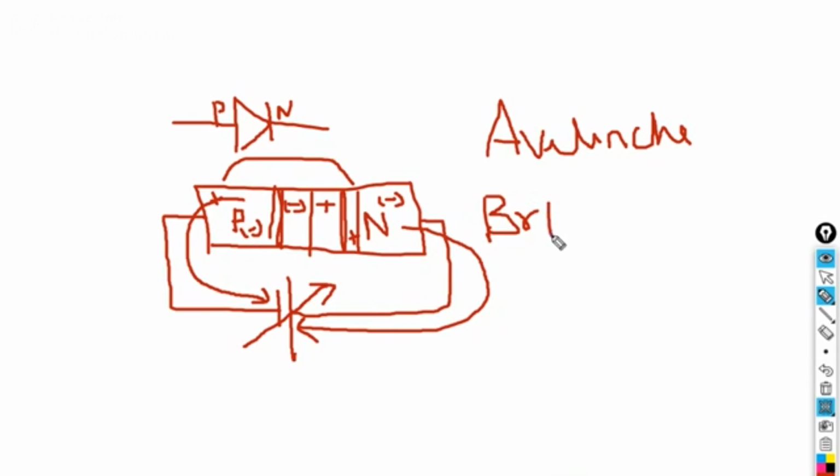So this concept is required: when you increase the reverse bias, it will reach avalanche breakdown. With this information, now we will move once again to our slide.